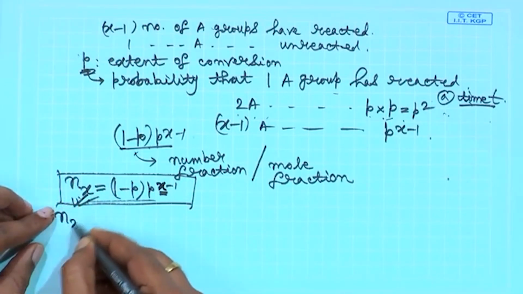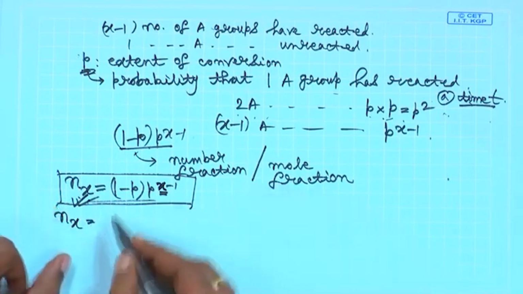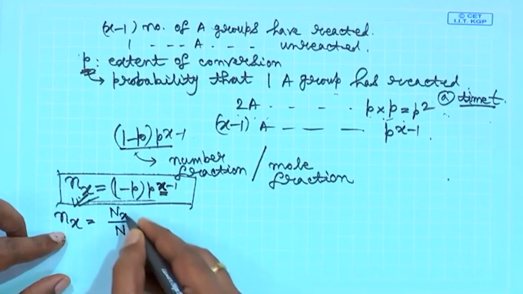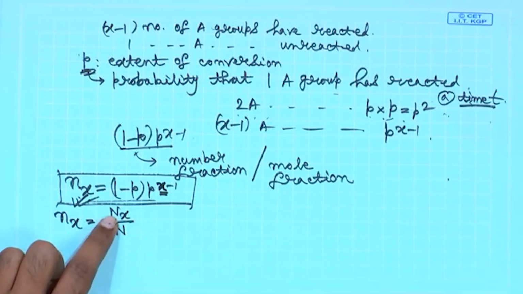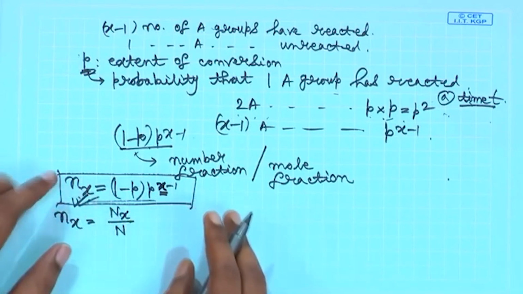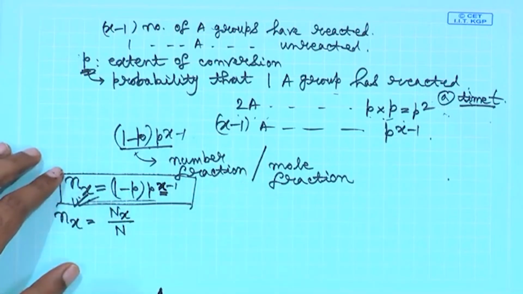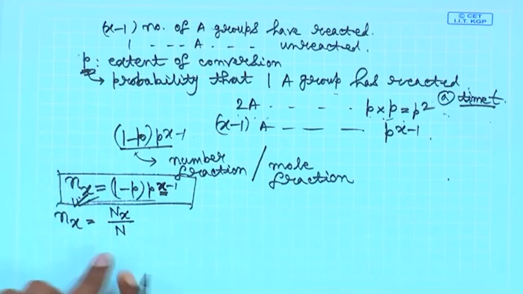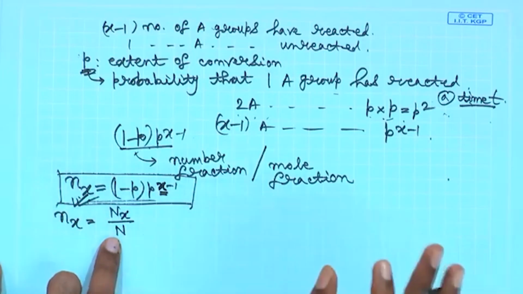So, small n_x, if it is nothing but number fraction or mole fraction, that will be equal to capital N_x by capital N, where capital N_x is basically the total number of polymer molecules which have x number of structural units, and capital N is the total number of polymer molecules. So, capital N contains all the polymer molecules which have different numbers of structural units.